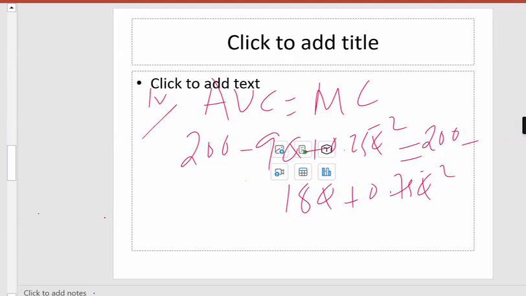Put in like terms, numbers should be with numbers. For example, here there is a plus. It will be 200 minus what? 200.